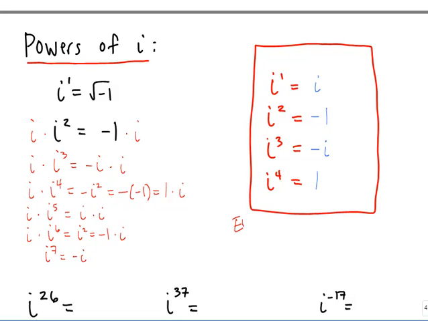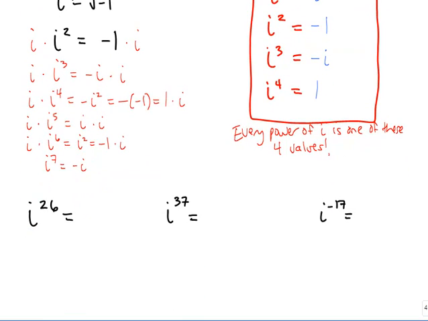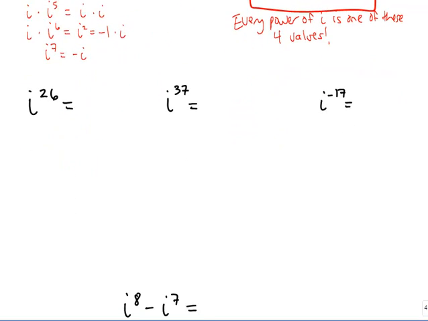So every power of i is one of these 4 values. You just have to figure out which one it is. So how do you do that? Well, if we take an example, i to the 26th, I'm going to show you the long way and then the short way.